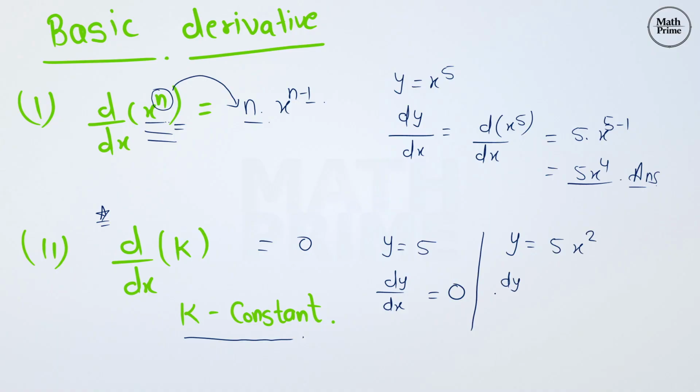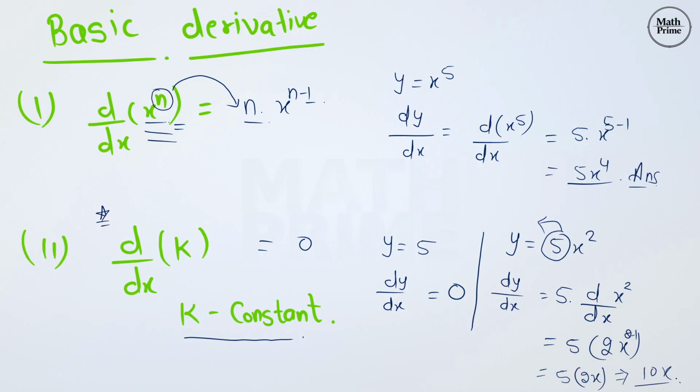Then dy by dx: 5 is a constant which comes out, and we have to find this, and it is simple. Its derivative is 2 times x raised to 2 minus 1, so 5 times 2 times x means 10x. I hope you understand it.